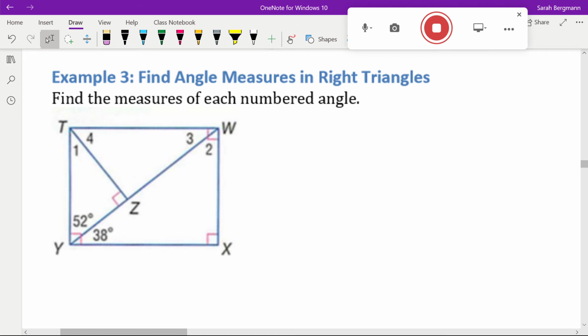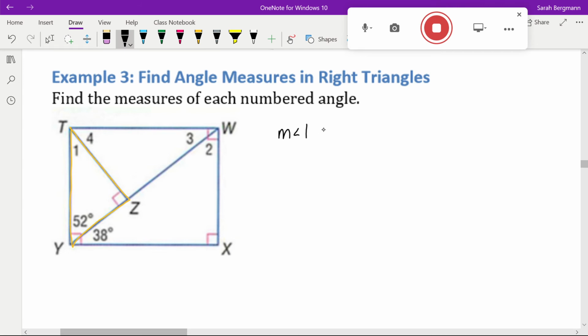Looking at this, I want to find the measure of angle 1, 2, 3, and 4. Right off the bat, I notice that for angle 1, I have this right triangle, triangle TZY, and I just learned that the acute angles in a right triangle must be complementary.